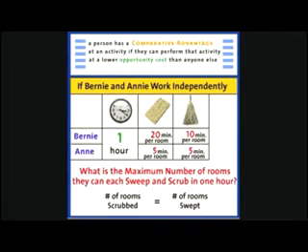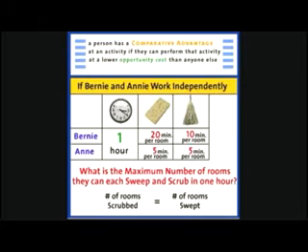Bernie can sweep 2 rooms, and that takes him 2 times 10 minutes each for a total of 20 minutes worth of sweeping. That leaves him 40 minutes for scrubbing, and since it takes him 20 minutes to scrub a room, 40 minutes divided by 20 means that he has time left to scrub the 2 rooms. So if Bernie works by himself, then he is able to sweep and scrub 2 rooms each.